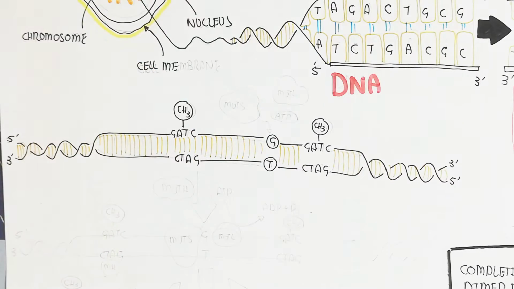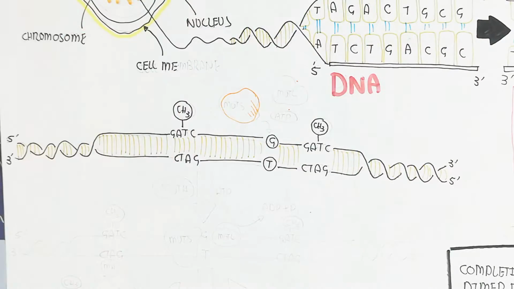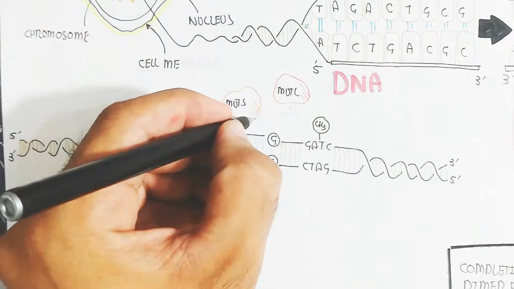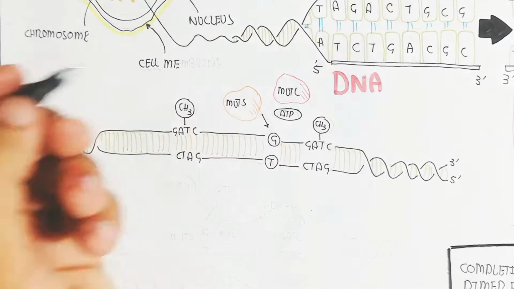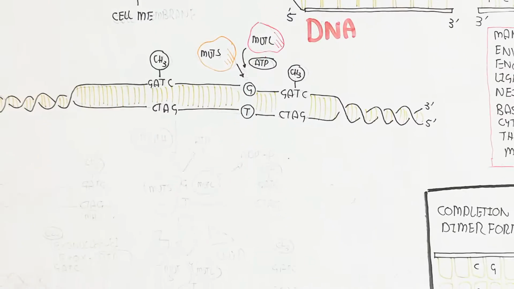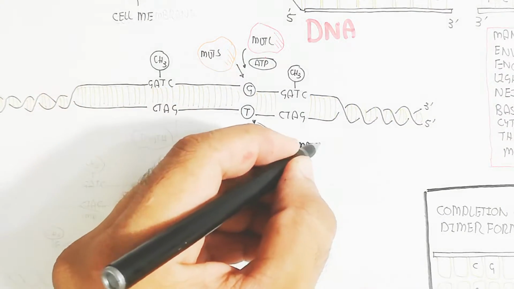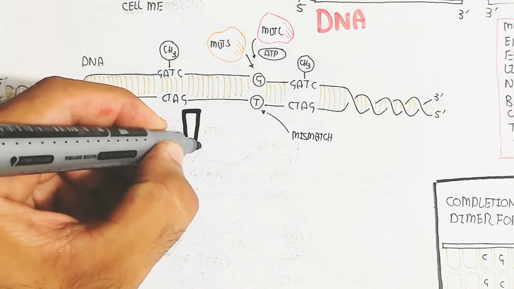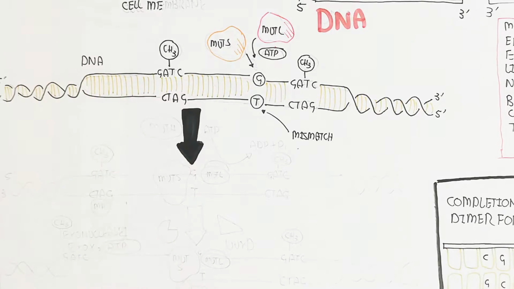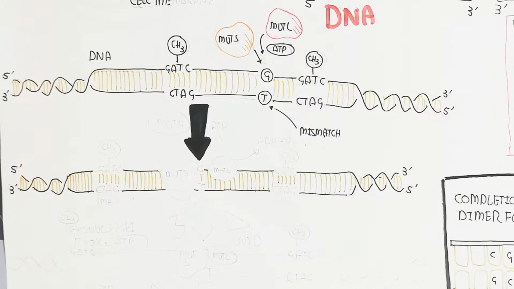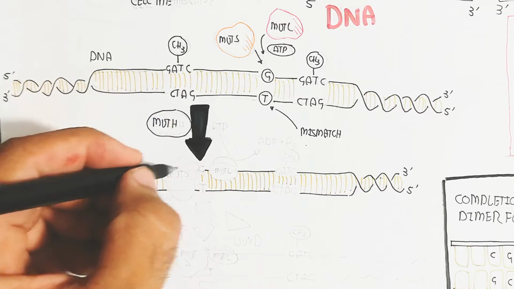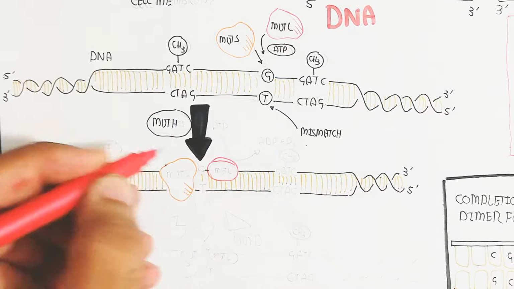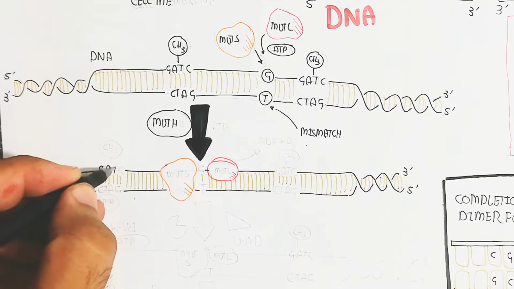Here is the DNA, which contains a methylated segment: guanine, adenine, thymine and cytosine. Here you can see the rounded line. The guanine and thymine are a mismatch, and this targets signaling through DNA that leads to MutS and MutL recruitment and ATP. This is the methylated sequence involved. Here you can see MutH is also involved.